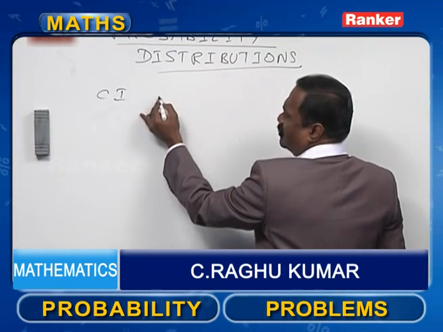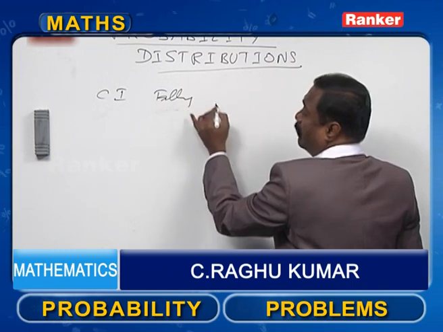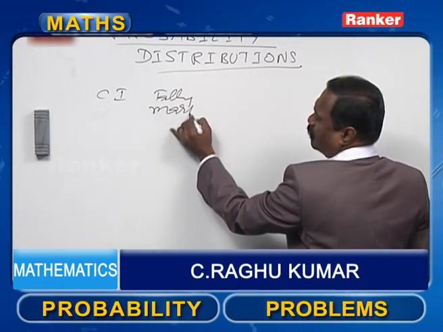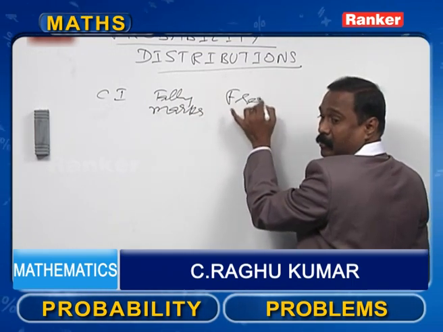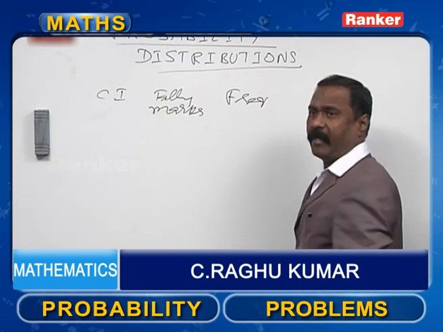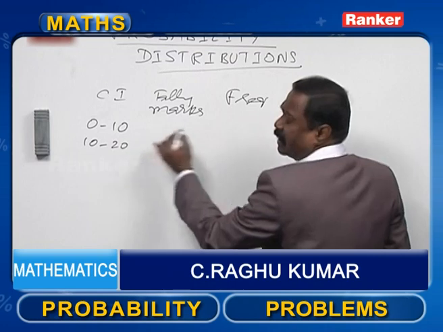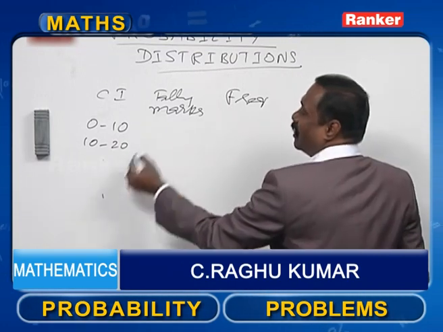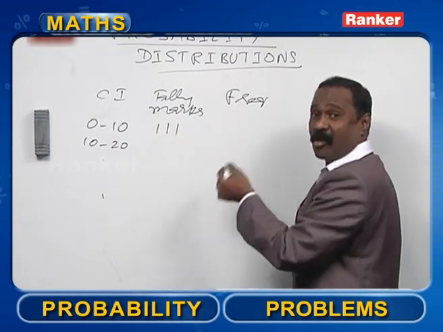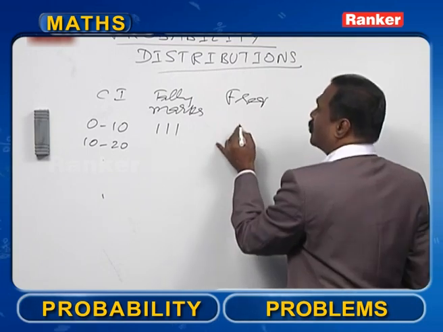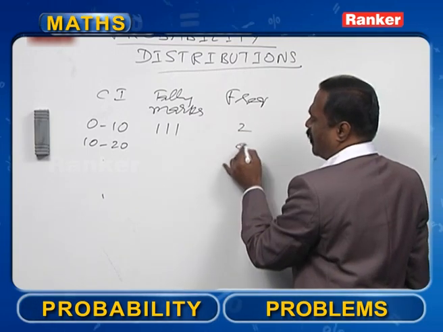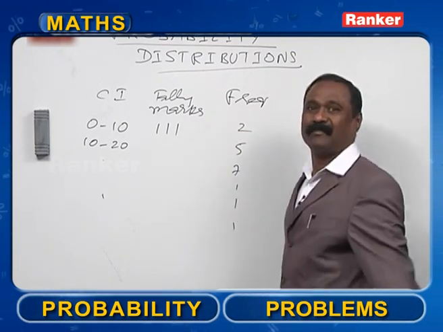Based on tally marks, we write the frequency. The class intervals are 0 to 10, 10 to 20, like that you used to write. These tally marks are used to count the frequency, so the frequency is 2, 7, 5, 7, something like that.